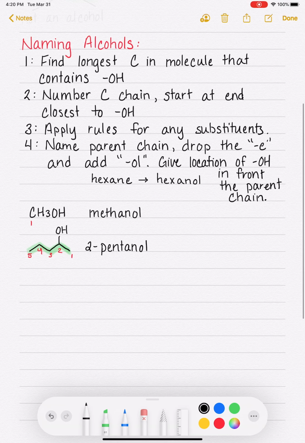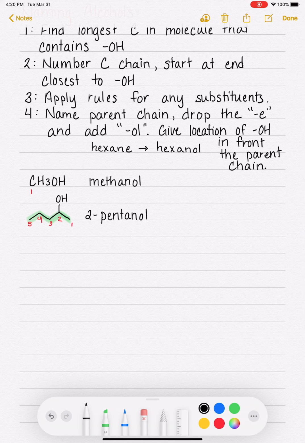All right, let's do one more of these, and then we're going to go to a worksheet with a few more examples. So here we have a cyclic, which means that that 5-membered ring is going to be our longest carbon chain. We want to number our ring starting at the carbon that contains the OH, closest to the OH.